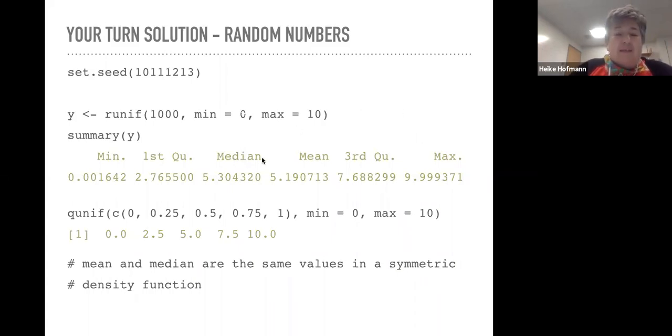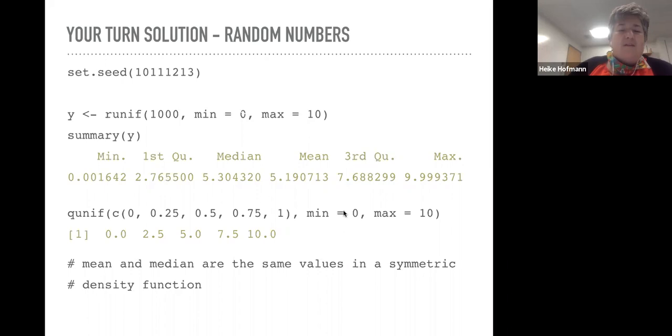We see median and mean very close to each other, and hopefully really close to 5 as well, because that's what the expected value is supposed to be. The expected value is (0 plus 10) divided by 2. First quartile and third quartile should be 2.5 and 7.5.